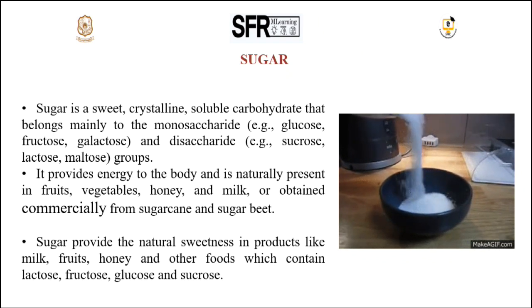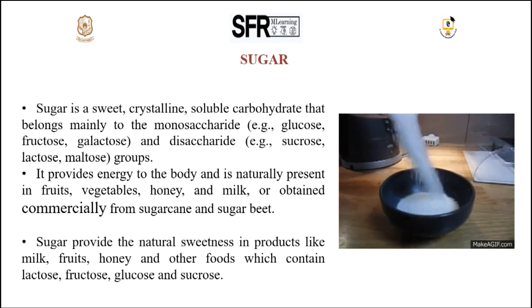Sugar provides energy to our body, and it is naturally present in fruits, vegetables, honey and milk, like fructose, which is mostly present in fruits because its other name is fruit sugar. Honey naturally has sugar, and milk also has sugar. Commercially, we get sugar from sugar beet and sugar cane.